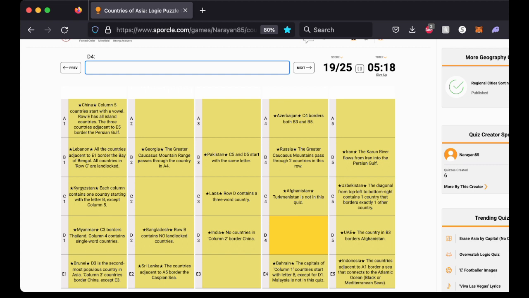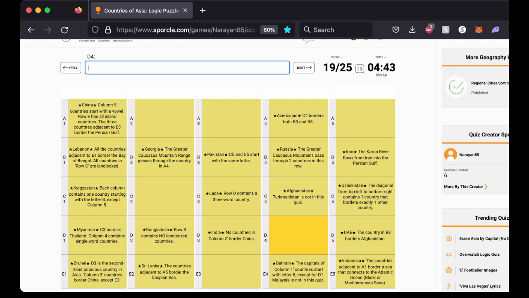So let's see here, what other country begins with a vowel in A5? What other vowels are there?